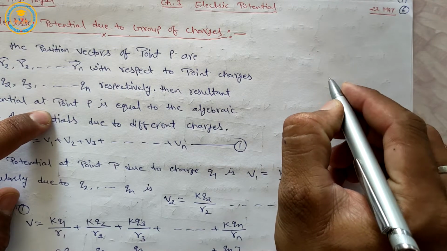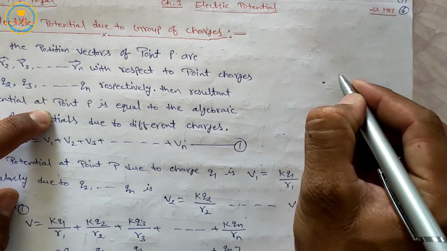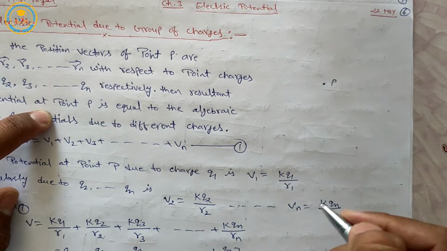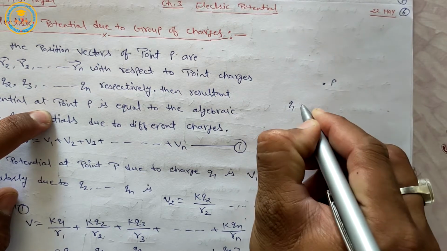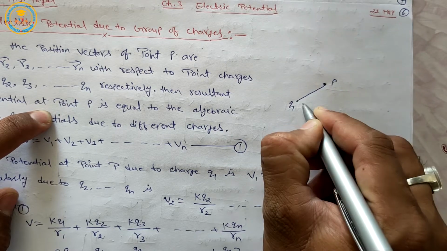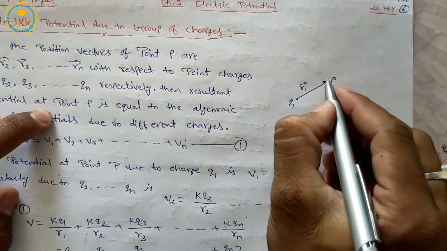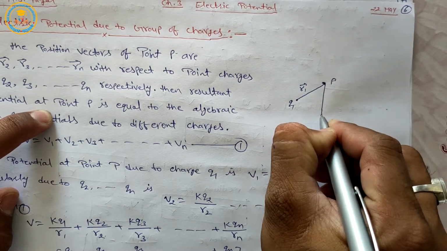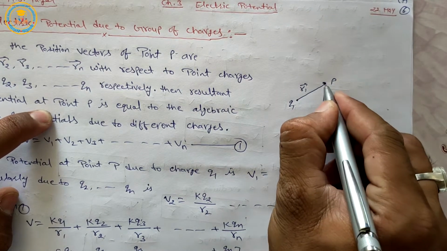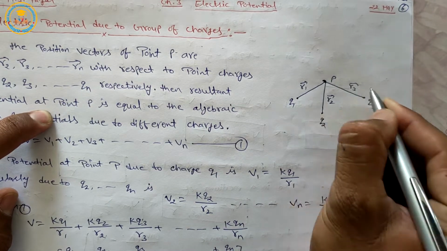Okay. Now let's draw a system of charges, a group of charges. Suppose that this is point P, the observation point P, and this is charge Q1. P is located at R1 distance from Q1. Similarly, for Q2, the position vector of P is R2. For Q3, R3 vector.